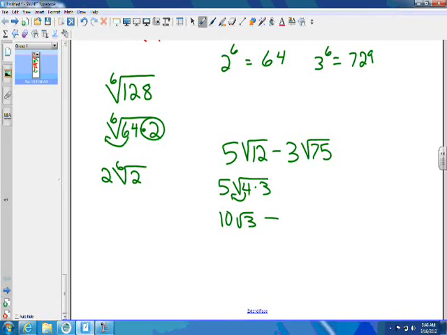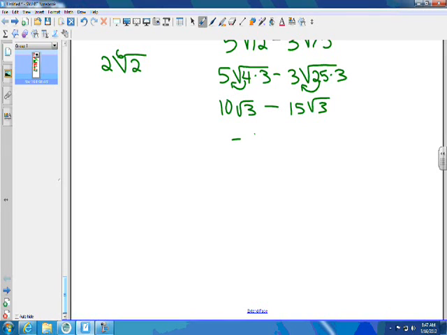What goes in there? 25 and 3. Square root of 25 times 3. So we have 15 square root 3. Now are they like terms? Yes. 10 minus 15. Negative 5 square root of 3. That's what you end up with.